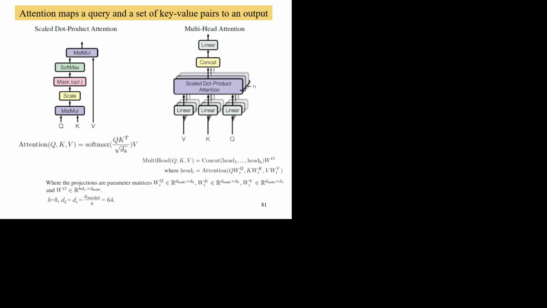Okay, so here is a figure to illustrate the idea. Q and K perform the multiplication and the scale is scaled down. And then if we are doing masked attention, you can perform the masking here. It's optional.